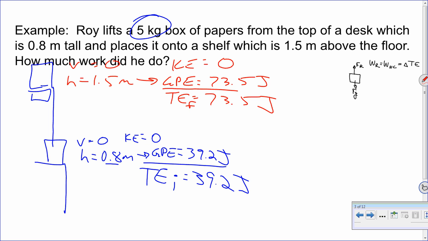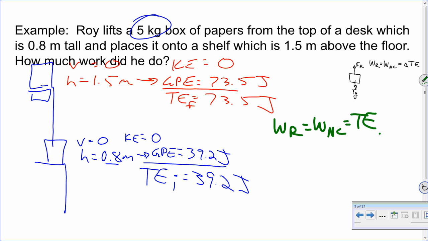All right. So now we can find the work, right? Because the work that Roy did, because he's our only non-conservative force, the work done is the change in total energy. So what am I going to do? Just subtract, right? So here we go. Let's see. So the work done by Roy is the work done by non-conservative forces.